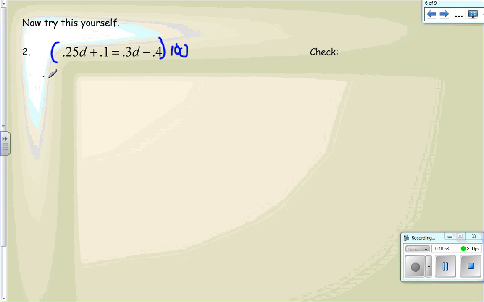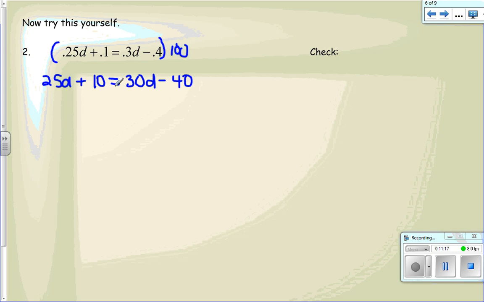So this is going to give me 25d plus 0.1 times 100 is 10 equals 0.3 times 100 is going to give me 30d minus 0.4 times 100 is going to give me 40.